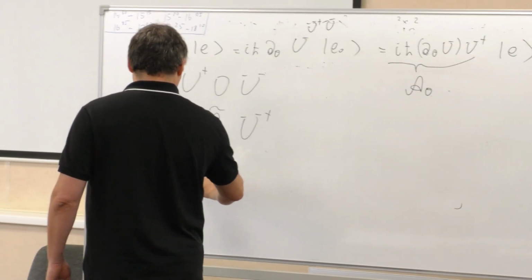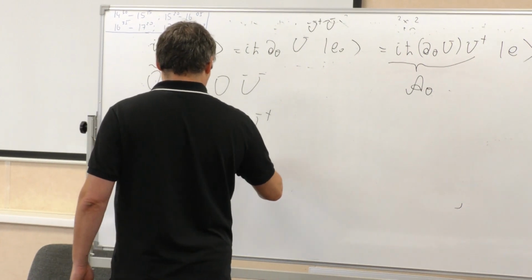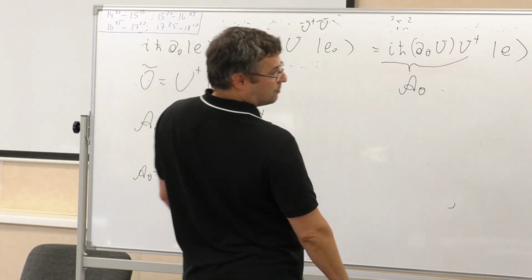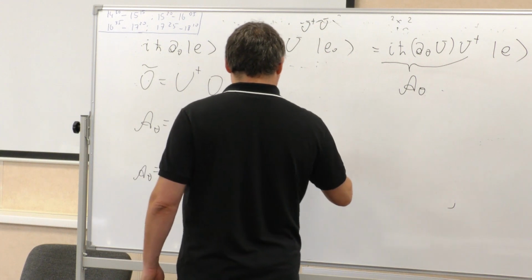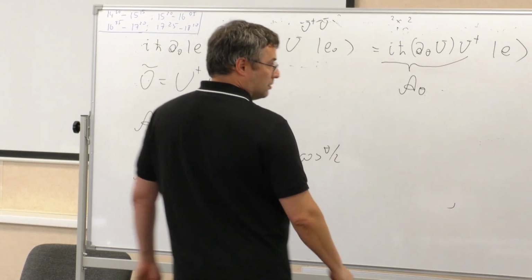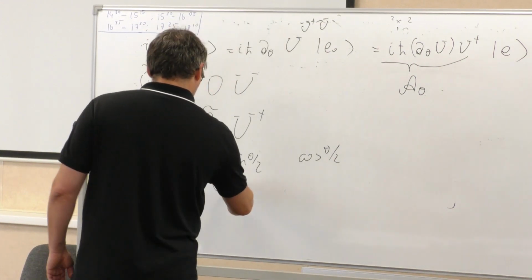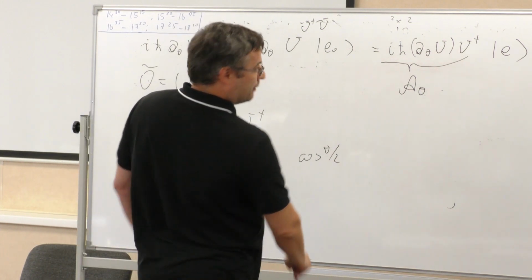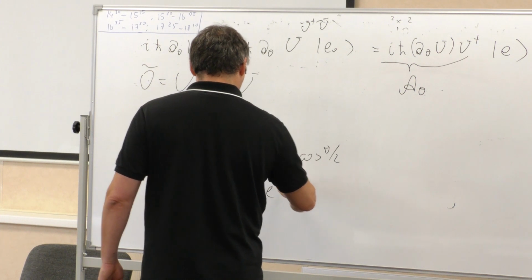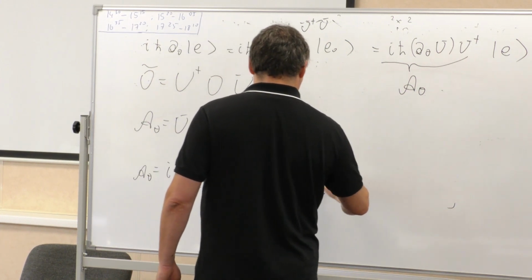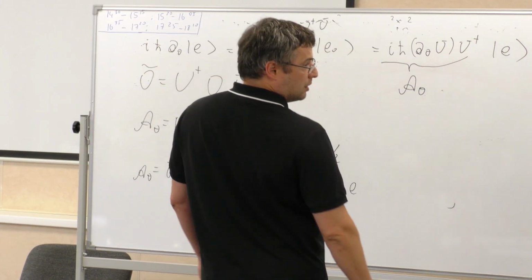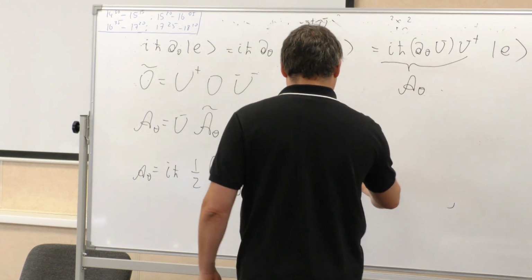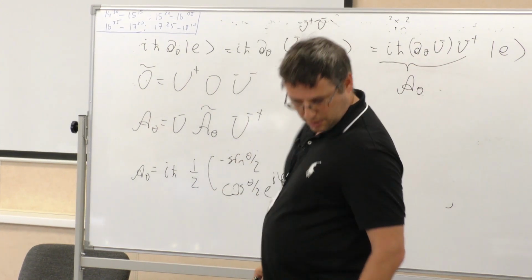I'll get 1/2 minus sine theta over 2, cosine theta over 2, cosine theta over 2 times e to the i phi, and sine theta over 2 times e to the minus i phi. Okay, minus i phi. Is it minus?